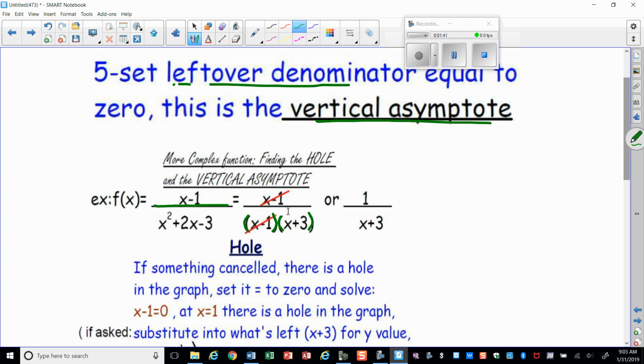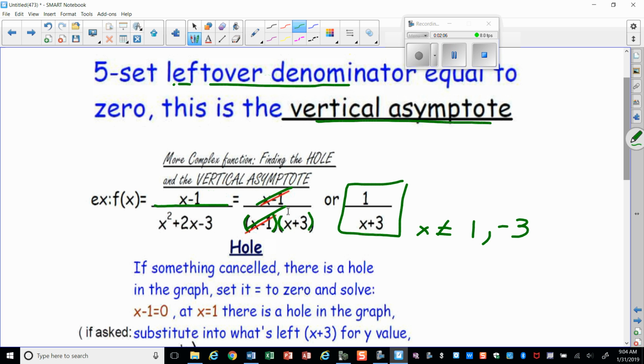And you look at the denominator to get your excluded values. So x cannot equal positive 1 and/or negative 3. Those will make the denominator 0, so those are excluded values. But notice the x plus 1 factor cancels out, and so in your final answer, you have 1 over x plus 3.